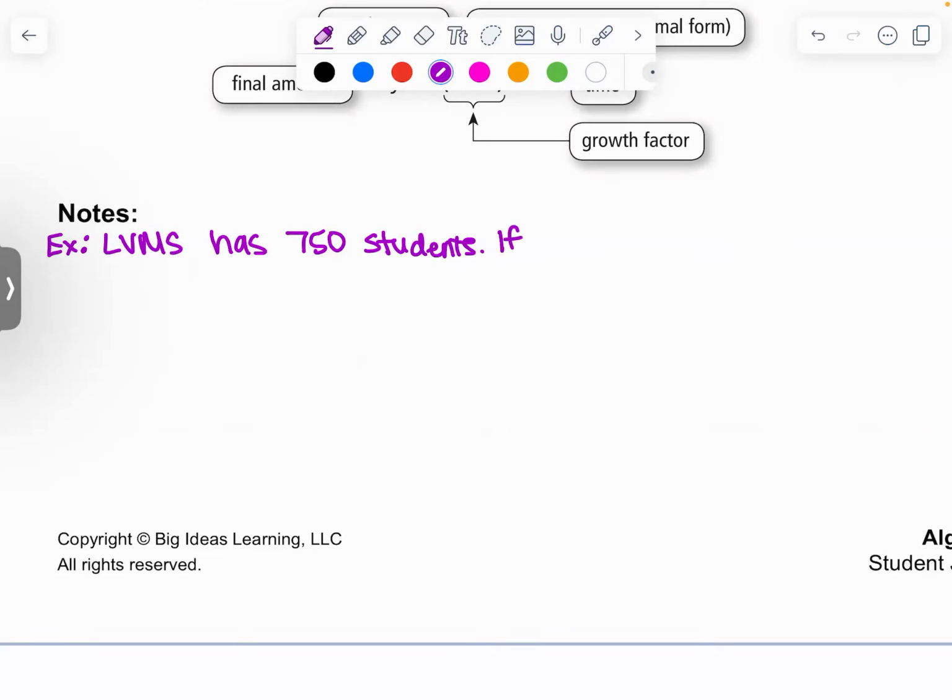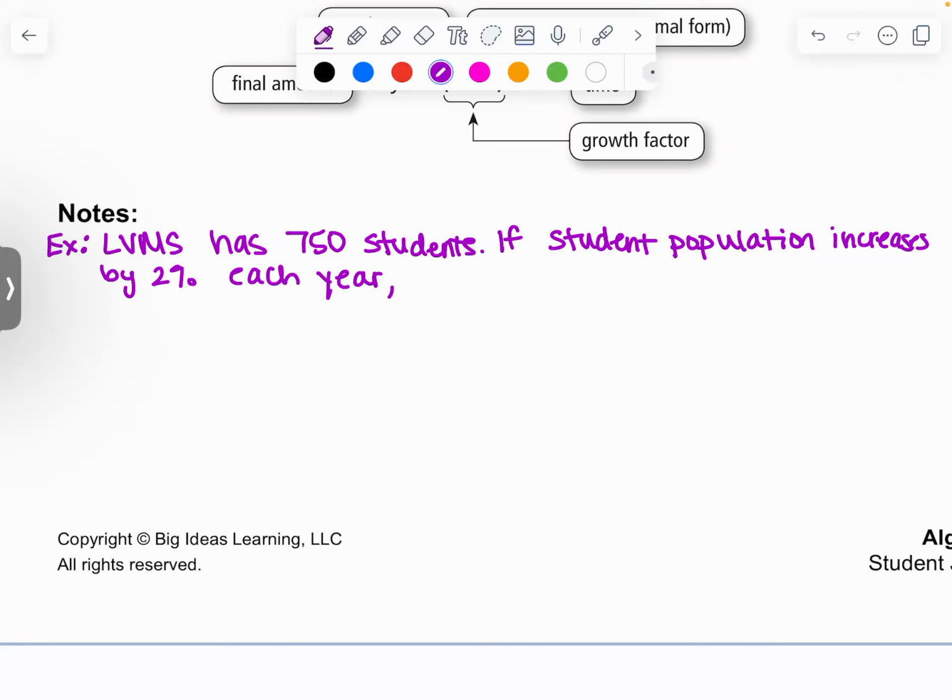If the student population increases by 2% each year, then what is the population in 5 years?